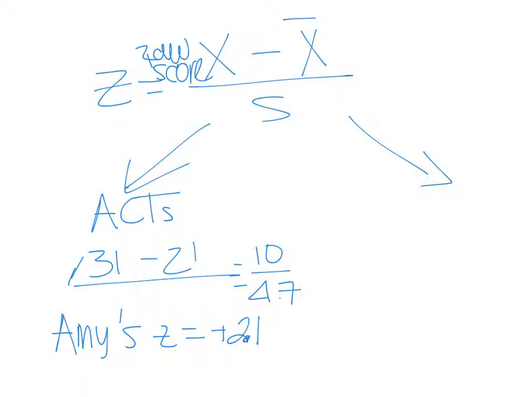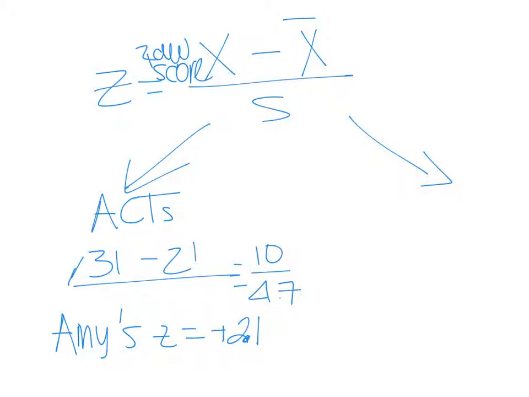So Amy's z-score being positive 2.1 means that Amy scored a little above 2 standard deviations above the mean, because it was exactly 2.1 standard deviations above the mean.